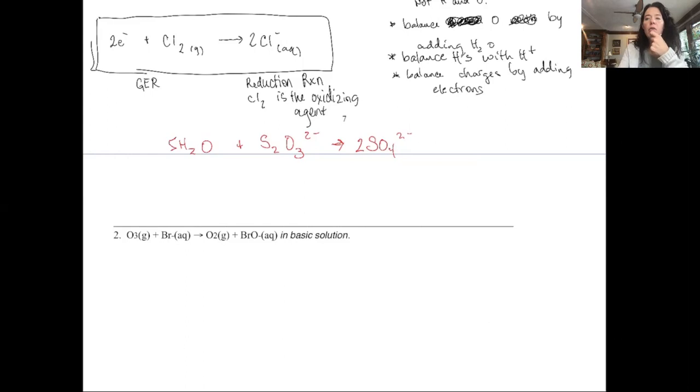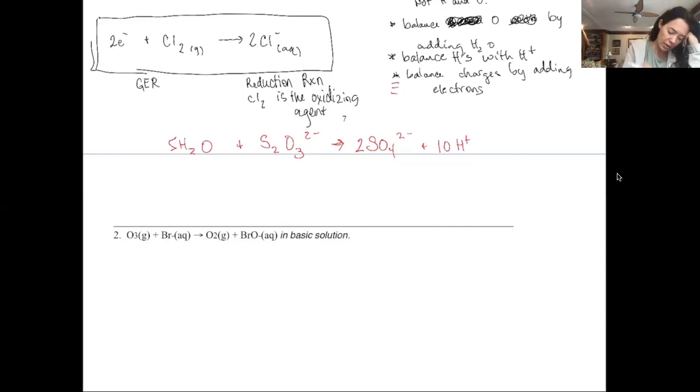Okay, I apologize for that. Let me get this out of the way. All right. So right here, I see I have 10 hydrogens. And over here, I have 0 hydrogens. So I'm going to add 10 hydrogen ions over here. All right. Okay. The next thing I'm going to do is my last step, which says balance charges by adding electrons.